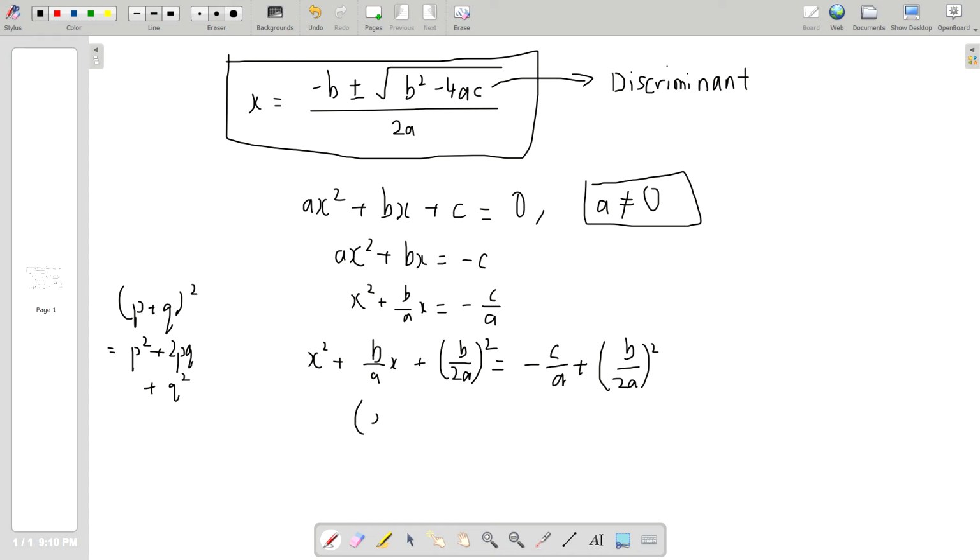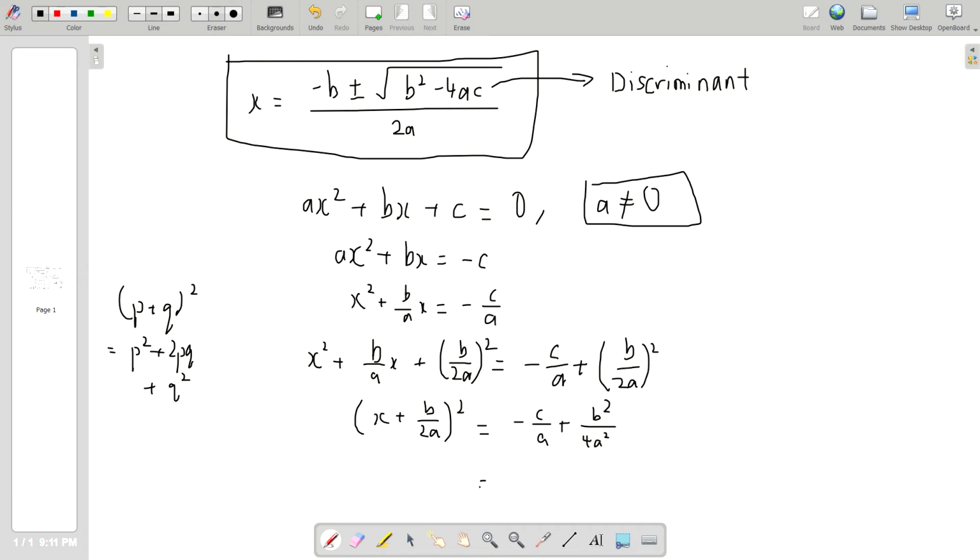So we can factorize it, or rewrite it, as x plus b over 2a squared, as this is a valid factorization of this. On the right-hand side, we can simplify this by opening up the square to get b squared over 4a squared.